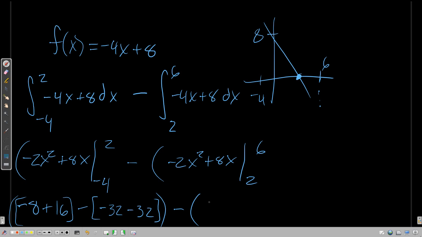And then top minus bottom over here, put in the 6, you get 36 times negative 2, so that's negative 72, plus 6 times 8, that's 48.